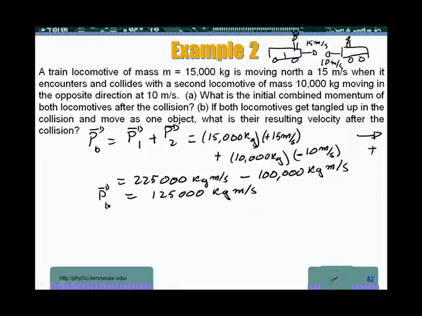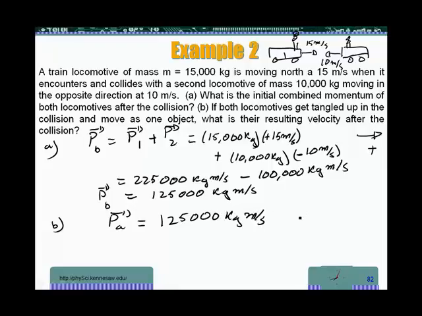Now they are asking us, if they get tangled up, what would be the resultant velocity after the collision? Okay, now, what do we know is that's going to happen during the collision? We know their momentum after the collision is going to be the same as their momentum before the collision, which is 125,000 kilogram meters per second.